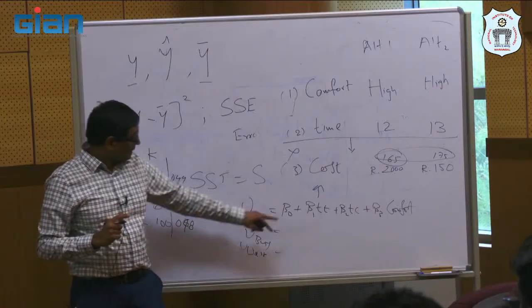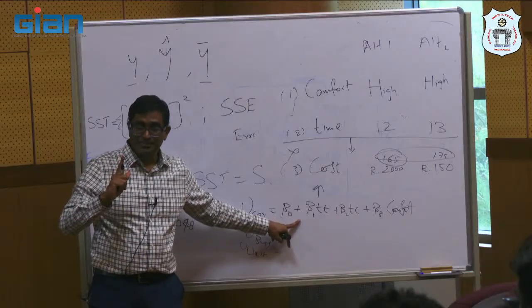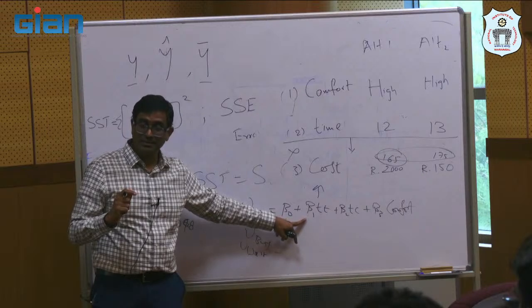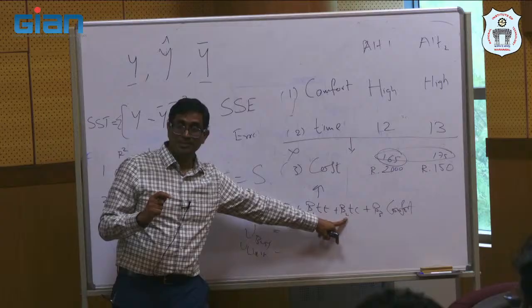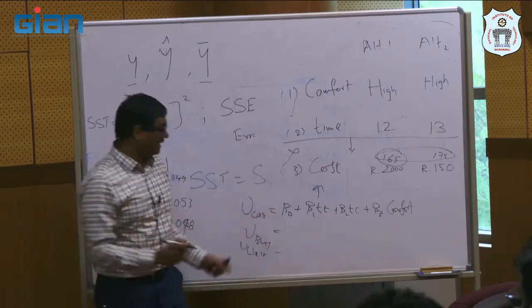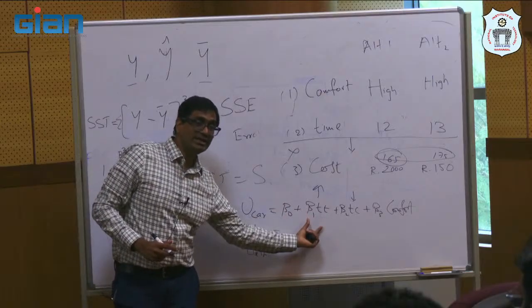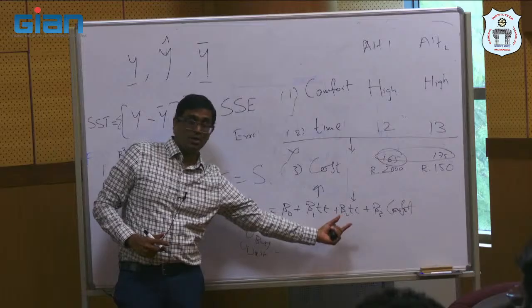But because I have this linear equation, I can offset the reduction in utility from travel time by compensating in travel cost. Right? So if I increase travel time but reduce travel cost, the drop in utility here can be compensated by the drop in cost, because utility increases.